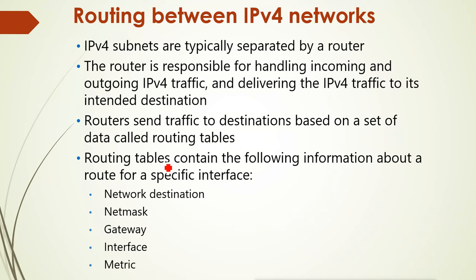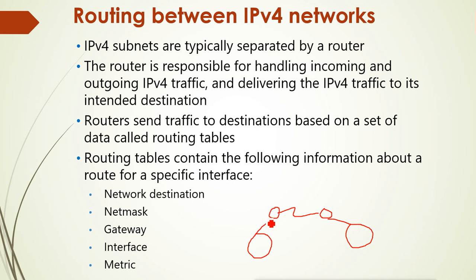Routing tables contain the following information about a route for a specific interface: for example, the network destination, which is where the network is, the netmask, which is the subnet mask, the gateway, which is where to go to reach that network, and the interface and metric. Suppose this is our one router and this is our second router, connected together and each connected to their own networks.